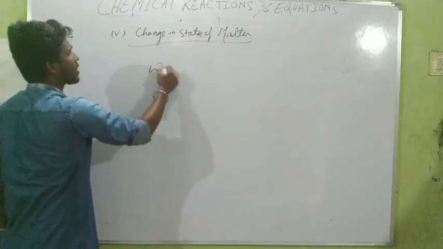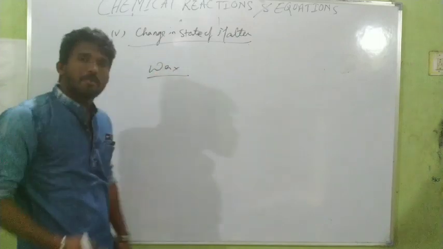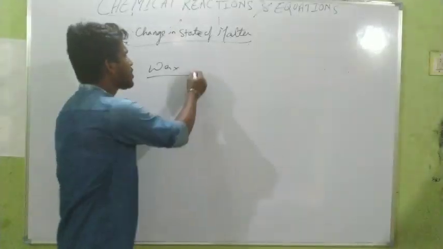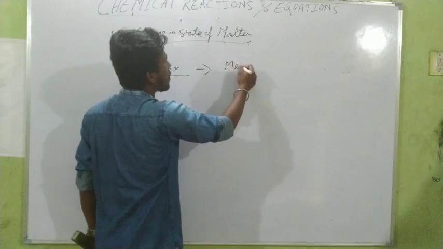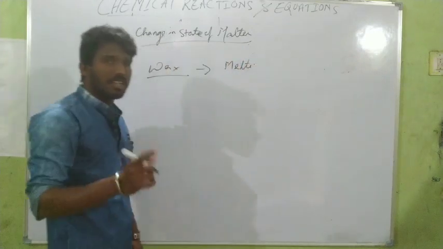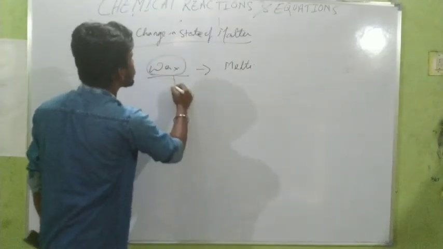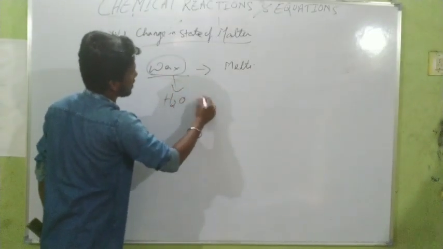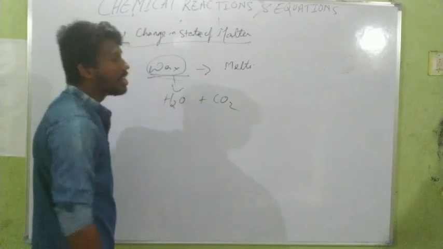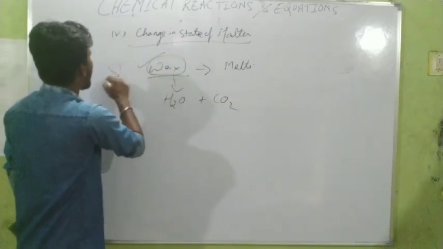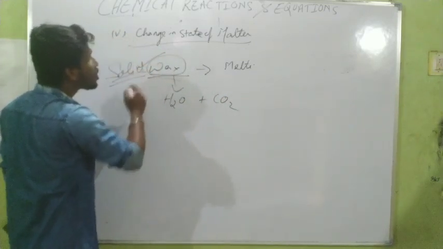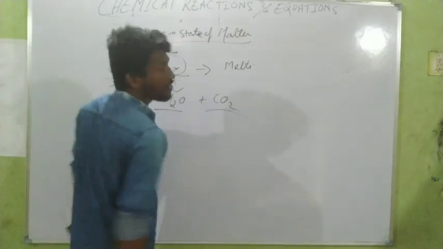Basically, when we have wax and we provide heat to it, what happens? It melts down. But is a chemical change taking place? The wax burns to provide water and carbon dioxide, meaning this solid wax changes into liquid and gaseous form.